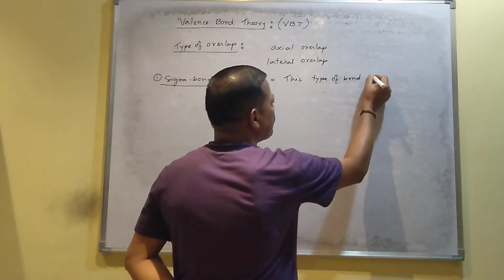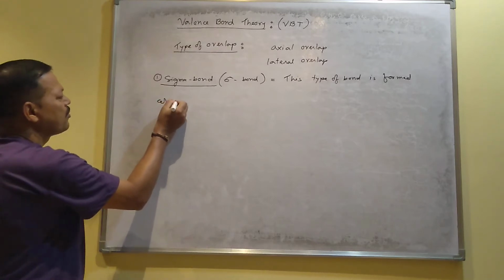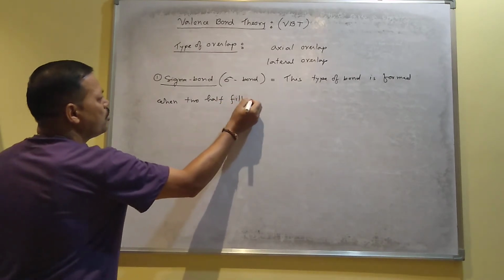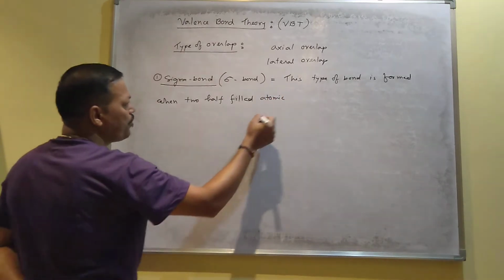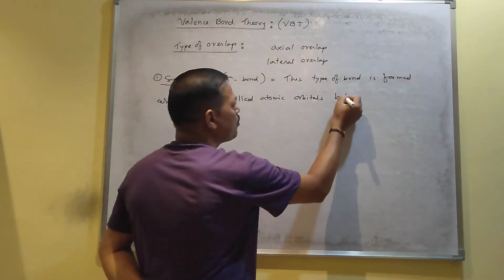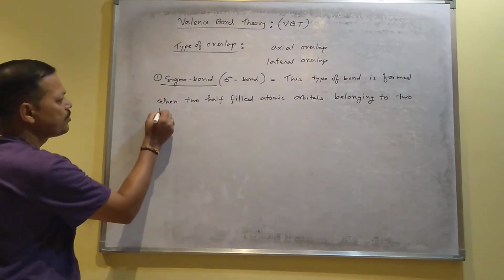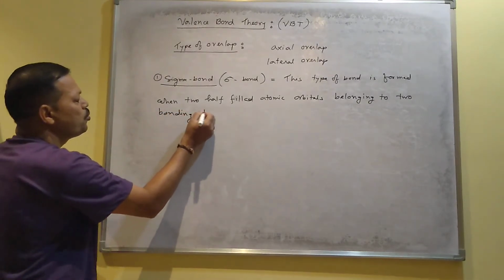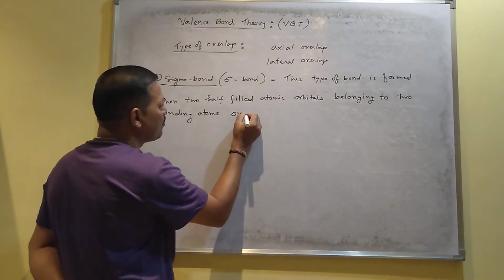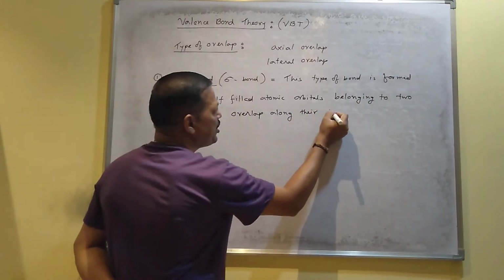This type of bond is formed when two half-filled atomic orbitals belonging to two bonding atoms overlap along their internuclear axis.